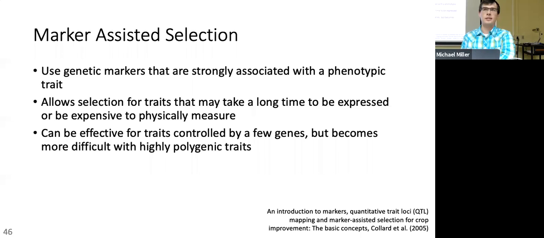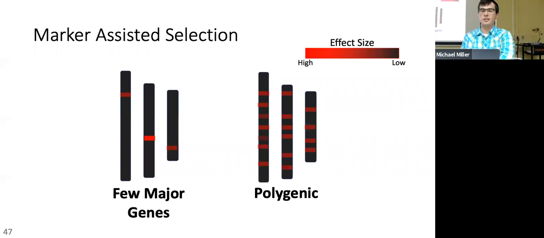And this works pretty well for something like disease resistance, because that tends to be controlled by only a few genes, but it doesn't work so well for polygenic traits that are controlled by many genes. On the left here, we have a trait with few genes associated with it and one marker that's very strongly associated with the trait.